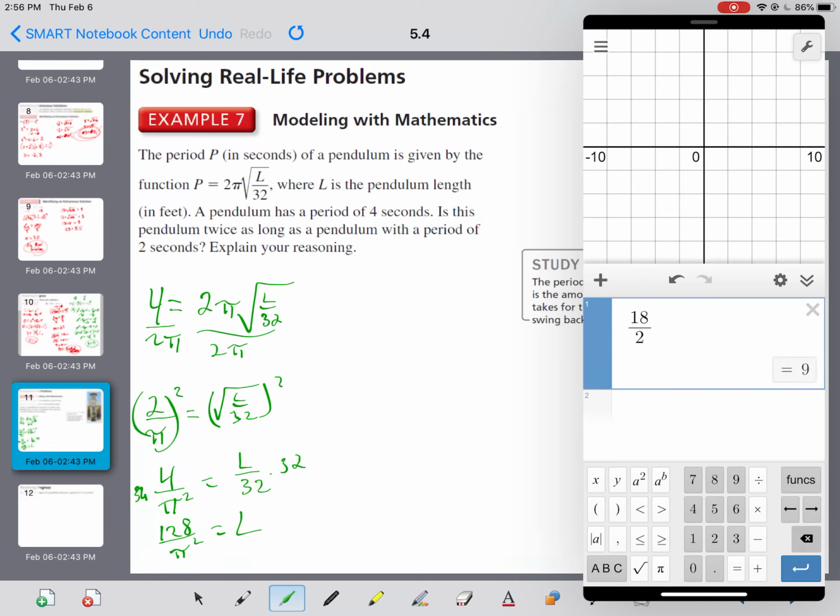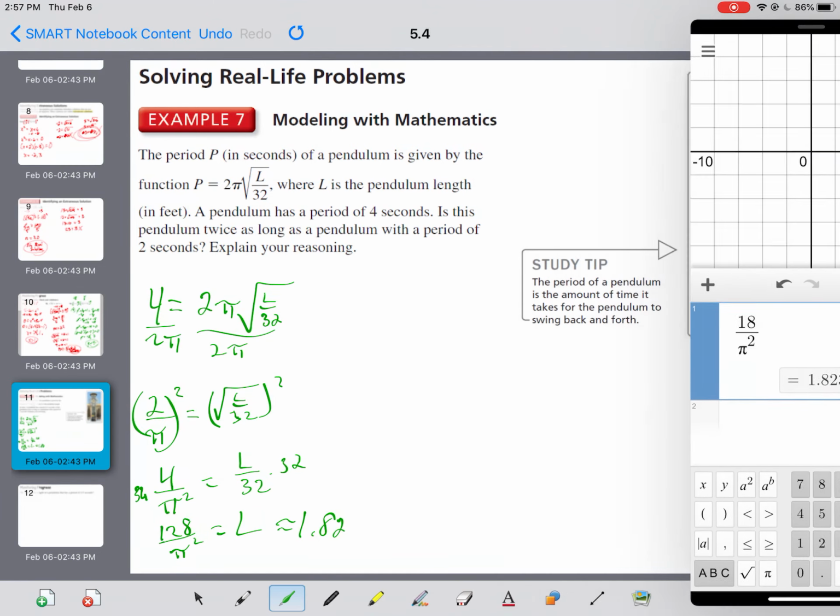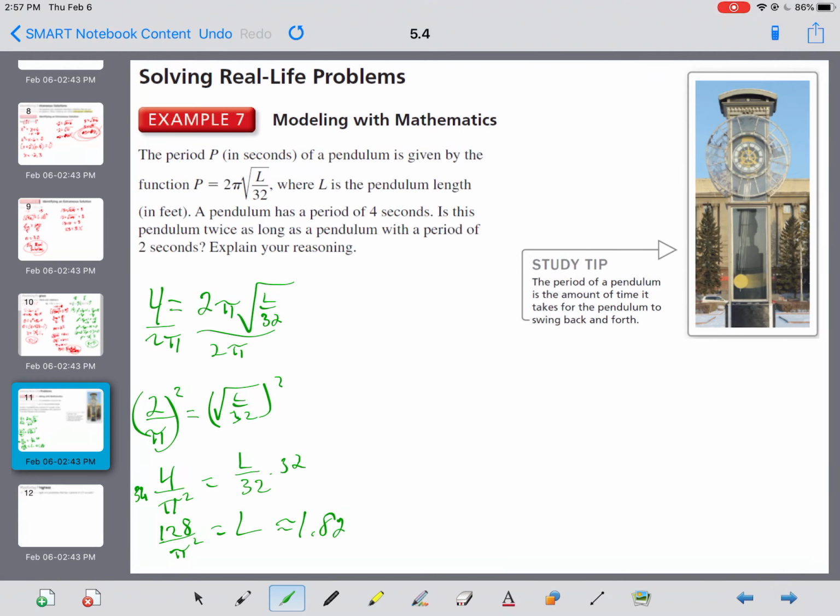128 divided by pi squared, pi squared is about 9.87. We want to know if it is twice as long as one with a period of 2 seconds. So if we plugged in a 2 there instead, 2 equals 2 pi square root of L over 32, divided by 2 pi.